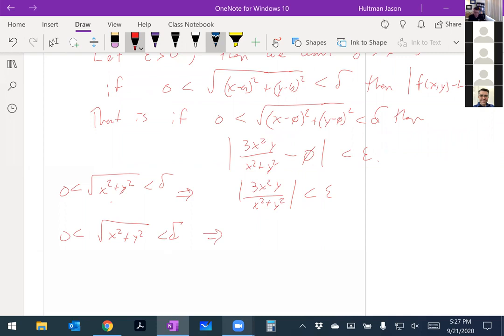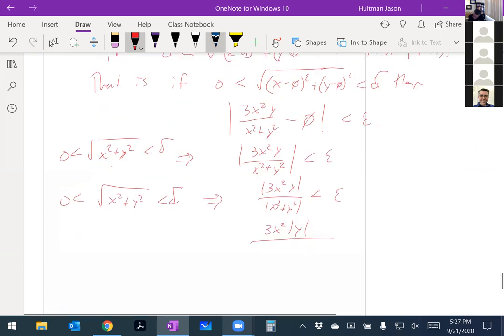So if I took the absolute value of the top and the absolute value of the bottom, would I really need the absolute value of the bottom? Well, no, I really wouldn't, because any x or y value squared and added together would still be a positive value. So the way I'm going to rewrite this is 3x squared absolute value y over x squared plus y squared. Oh, okay. It's less than epsilon. Interesting.